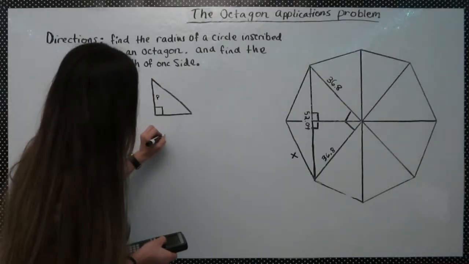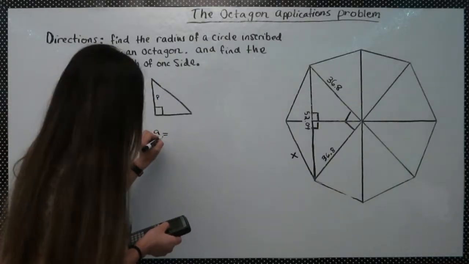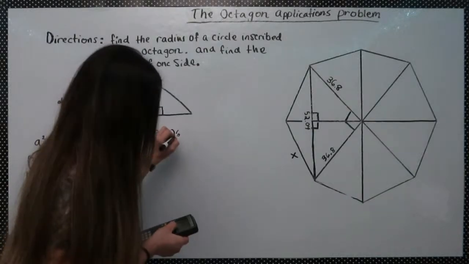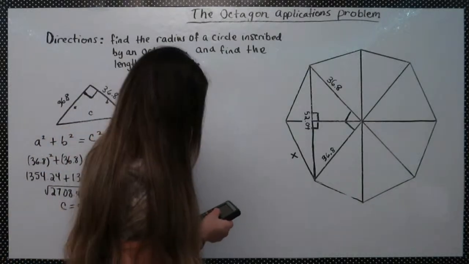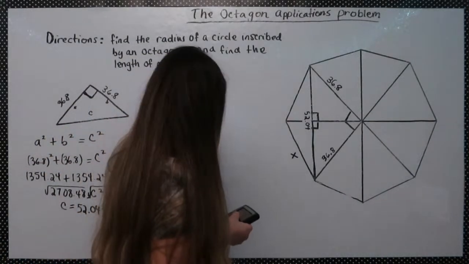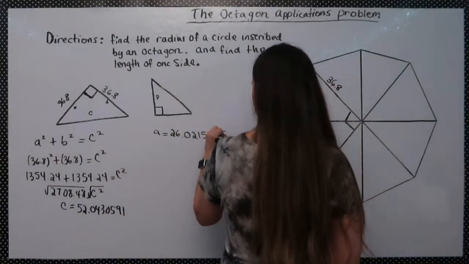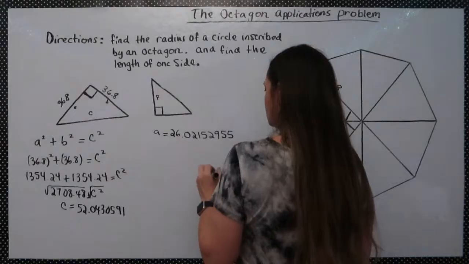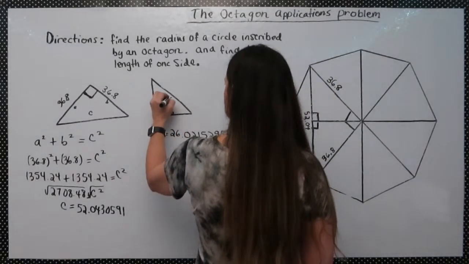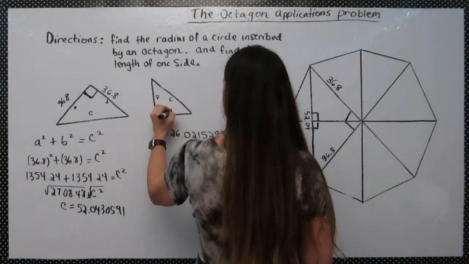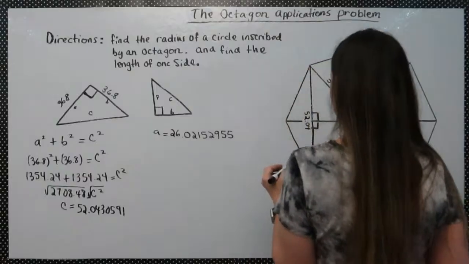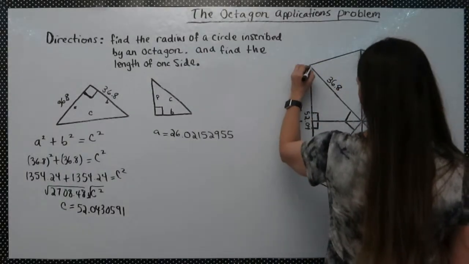So a is going to be 26.022152955. And that would be b and c on this triangle. So what I have done is drawn this triangle.